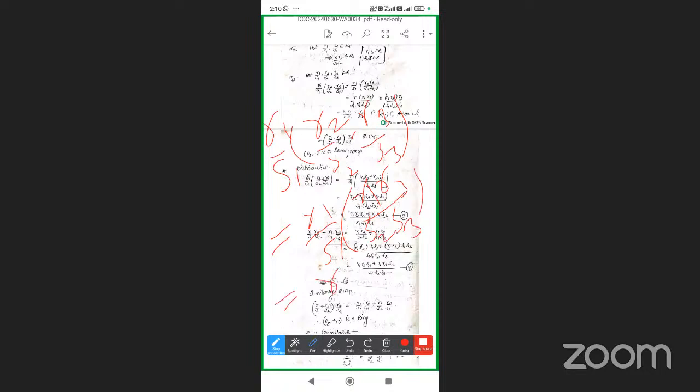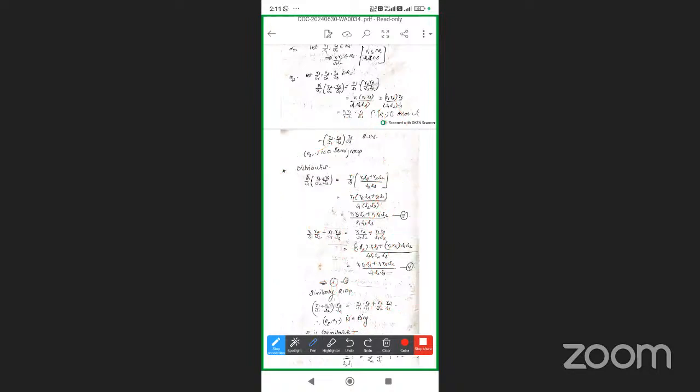Simplifying, this is R1 R2 bracket R3 by S1 S2 bracket S3.